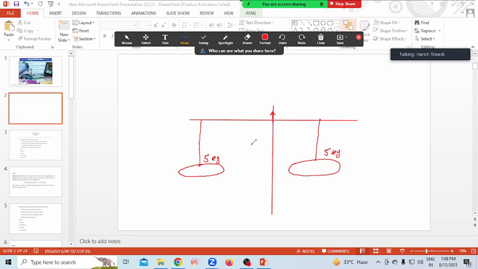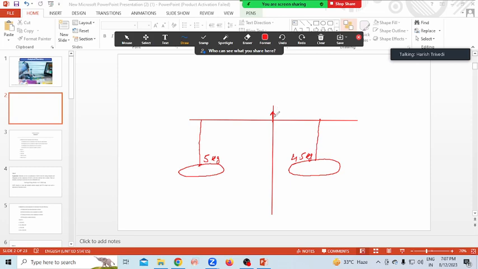Okay, and suppose you reduce the weight on the right hand side from 5 to 4.5 kg. So what I am doing here is disturbing the initial equilibrium.